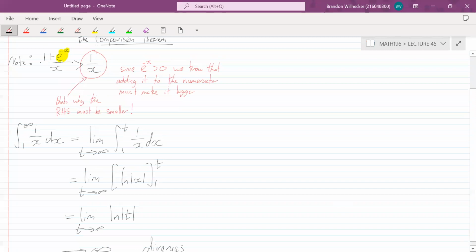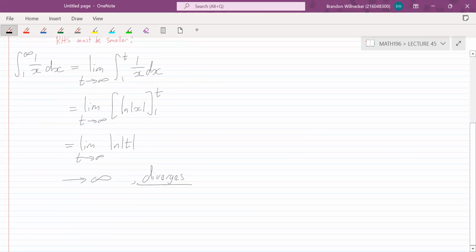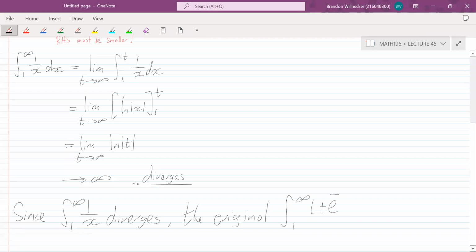Okay. So we know that this smaller function, the 1 over x, is a lower bound to our original function. That diverges, so the original must also diverge. So since the integral from 1 to infinity of 1 over x diverges, the original integral from 1 to infinity of (1 plus e to the minus x) over x dx also diverges.